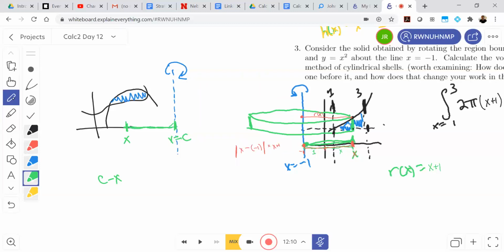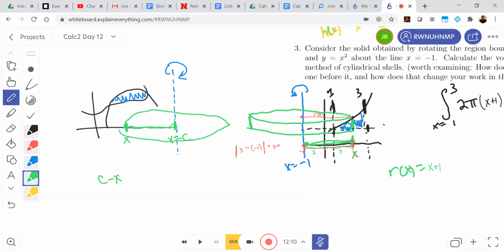Because again, we're trying to think about the positive distance from this point to this point. That gives us the radius that would allow us to ultimately form that cylinder. So very similar to the consideration that we had last class. Last class, it didn't matter because our formula was the formula for the area of a circle, pi times that radius squared.